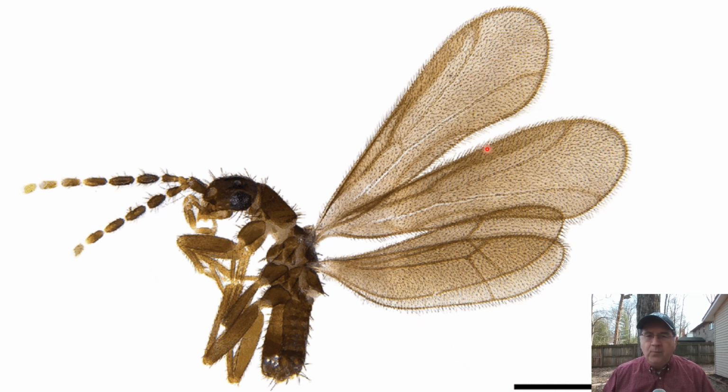If you see a wing venation like this, you can be pretty confident that what you're looking at is a Zoraptera. So the males do get out, they do fly about, they'll drop into traps, malaise traps or pan traps or things like that, and you'll occasionally run across them. They're a great insect to quiz somebody to see how well they know their insect orders.